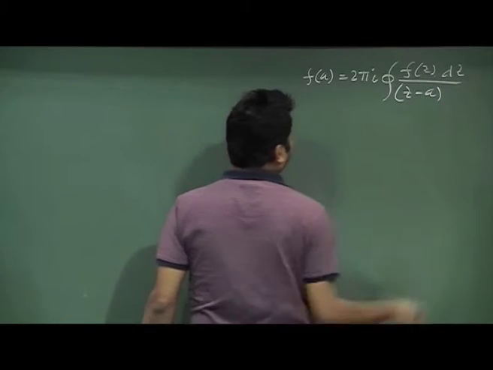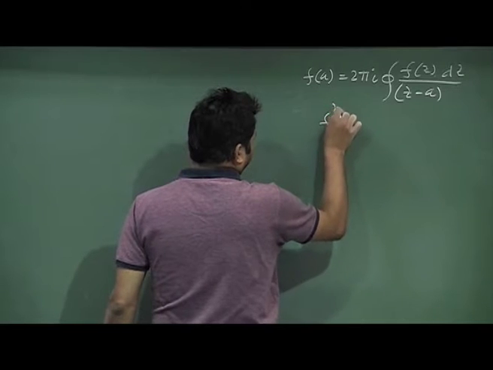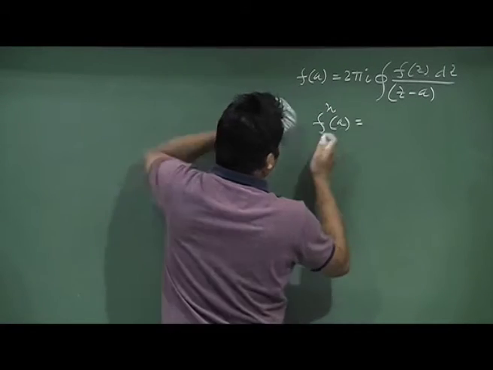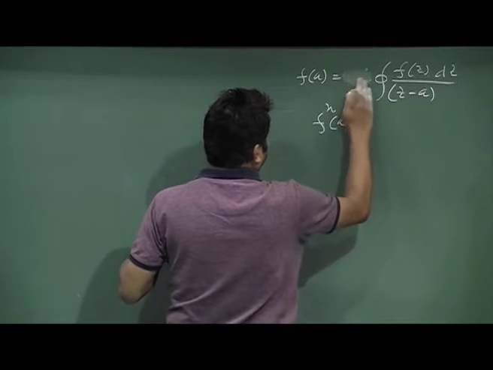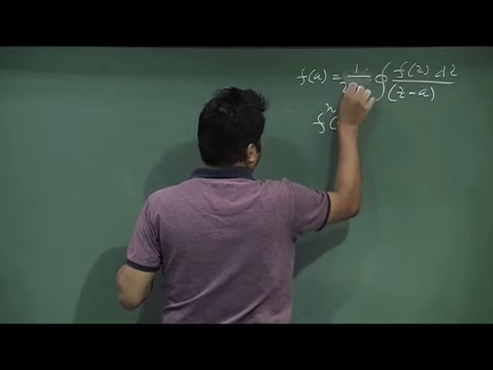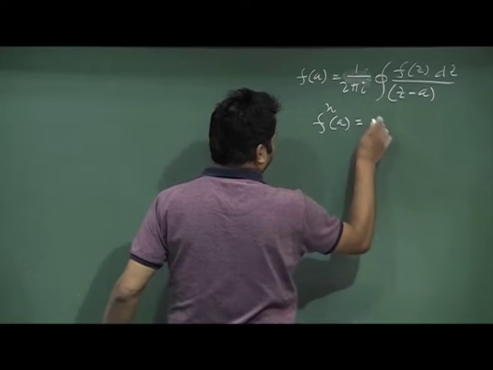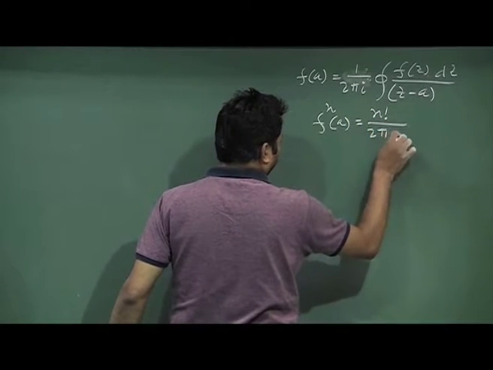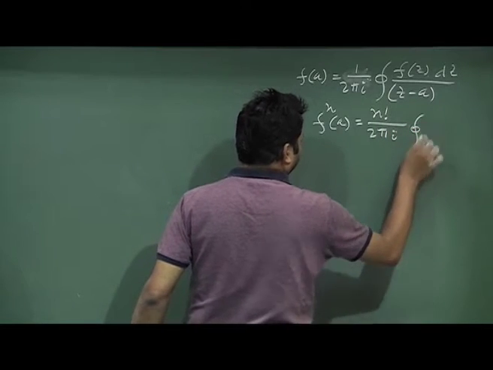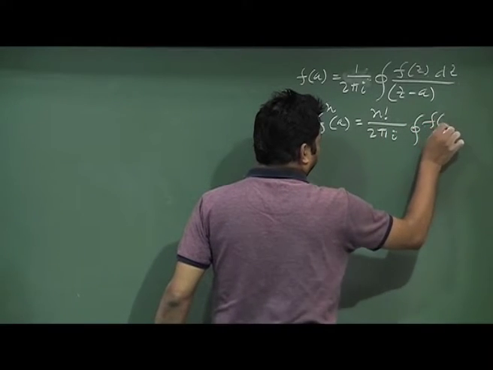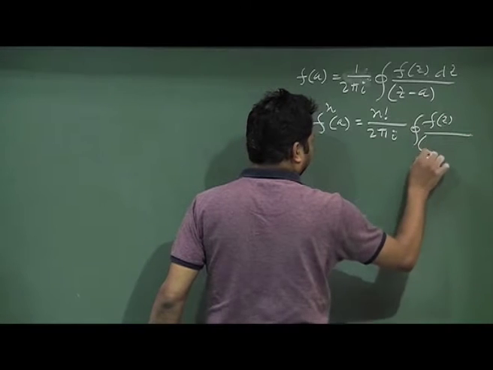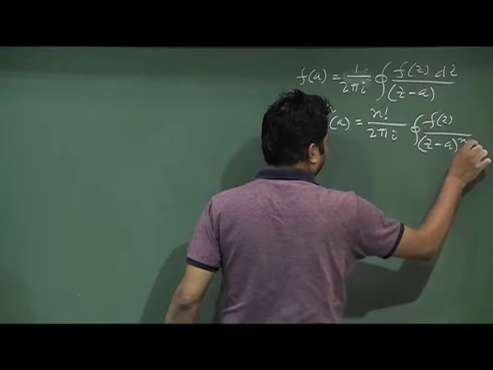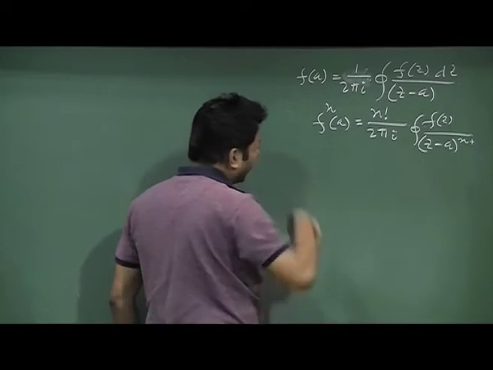This is one formula that I have, and another is f n a is equal to factorial n divided by 2 pi I, total integration of f z over z minus a whole to the power n plus 1.